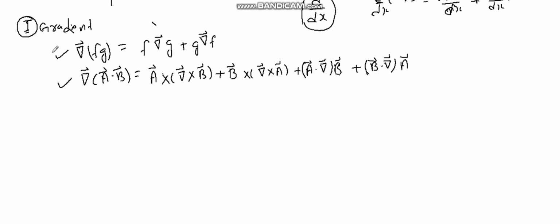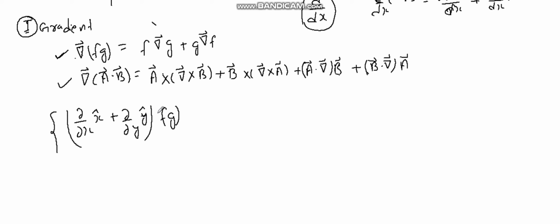First of all, the first formula can be proved by expanding the del operator. Let me give you a hint of how we can prove it. We are taking only two components; we can always expand for the third component as well. We use f and g, and since this is a partial derivative, we will use the product rule for derivatives.